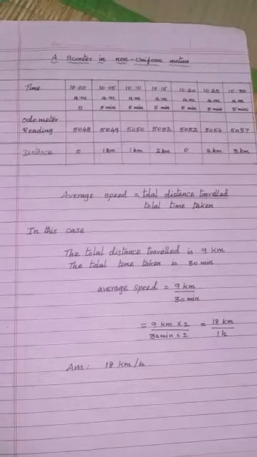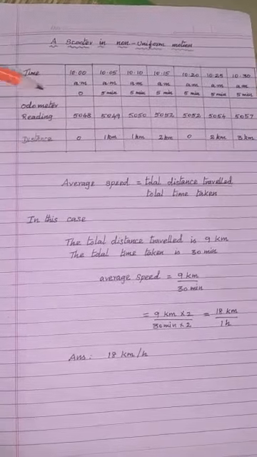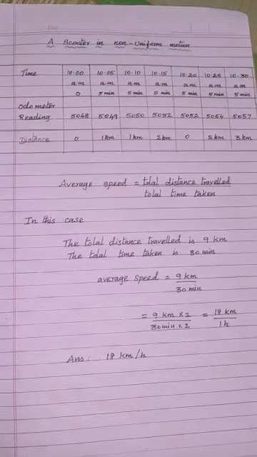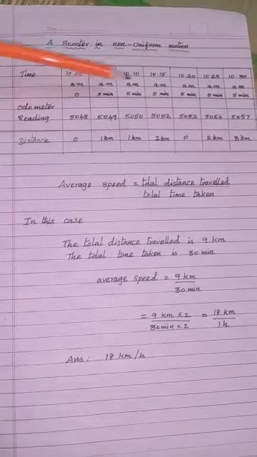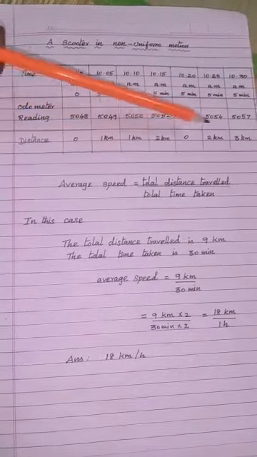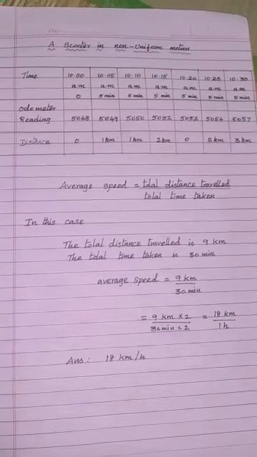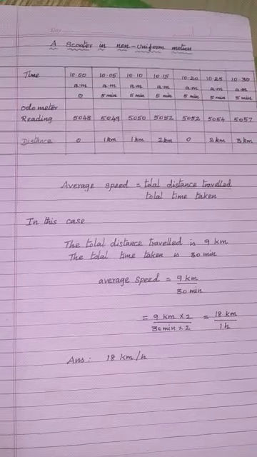It can be seen that the scooter travels different distances every 5 minutes. Since the distance travelled by the scooter every 5 minutes is not the same, it is in non-uniform motion. Its speed is not constant during the journey.